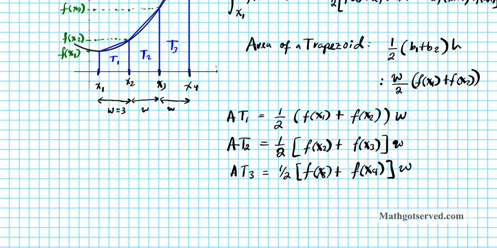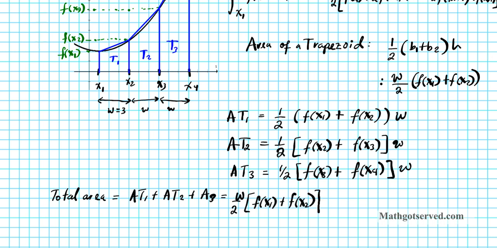So the total area is going to be area of T1 plus area of T2 plus area of T3, right? So what is that going to look like? We're going to have 1/2 times, we can bring the w to the front, so let's write it as w over 2 times f of x1 plus f of x2.